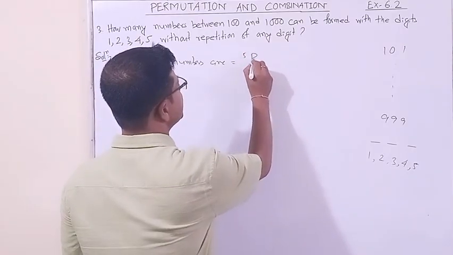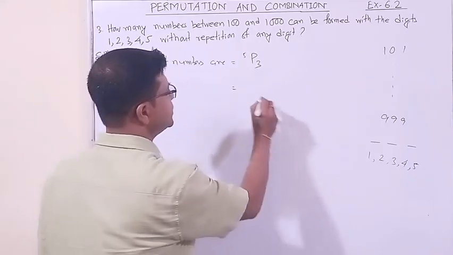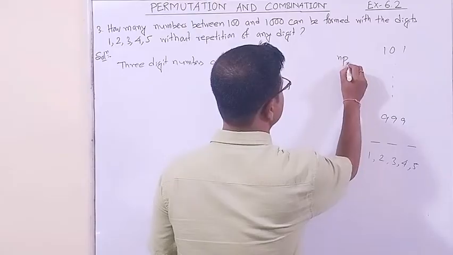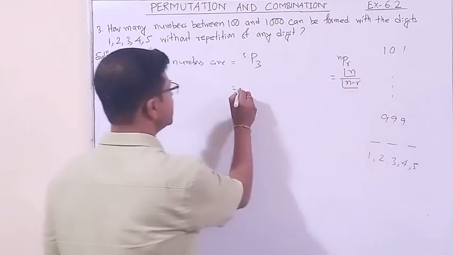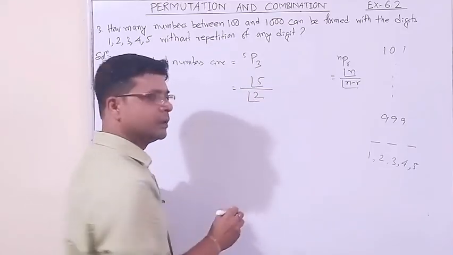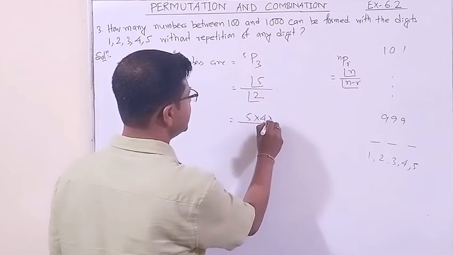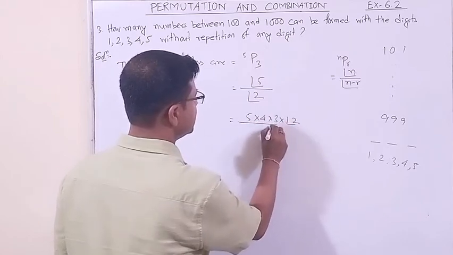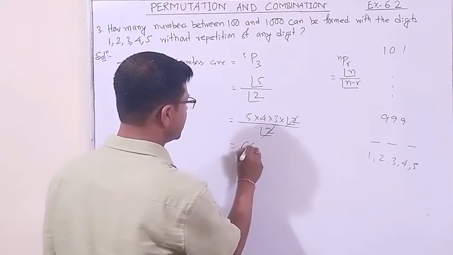Out of 5 digits, we have to take how many? 3. That means 3 at a time we have to consider. Let us use this formula. nPr. What is this? Factorial n divided by factorial n minus r. So this is factorial 5 divided by factorial 5 minus 3, that is 2. Got it? This is a very simple sum. This is 5 into 4 into 3 into factorial 2 divided by factorial 2. Cancel. Their product is 60.